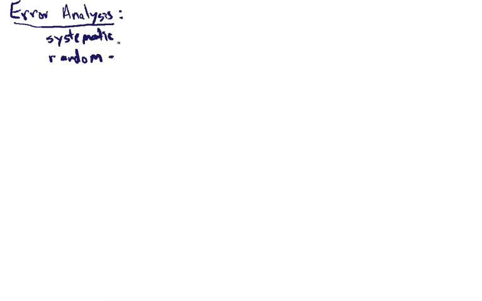So systematic errors, these are the kind of errors that are occurring because of something that is being done in the experiment. And if you do the experiment the same way repeatedly without changing anything, you'll get the same exact error each time. The simplest example I can think of for this is if you just have your ruler not lined up with the edge of an object and you are measuring it, then you're going to be off when you try to tell what the length is if you don't have it lined up with the zero part.